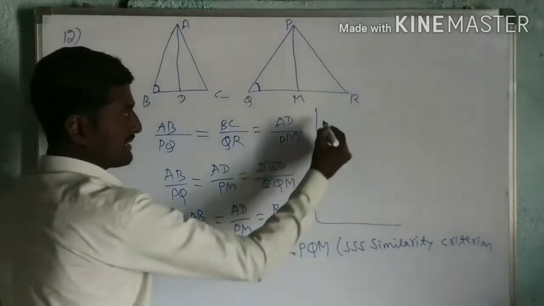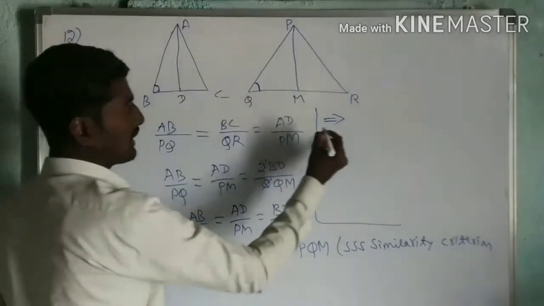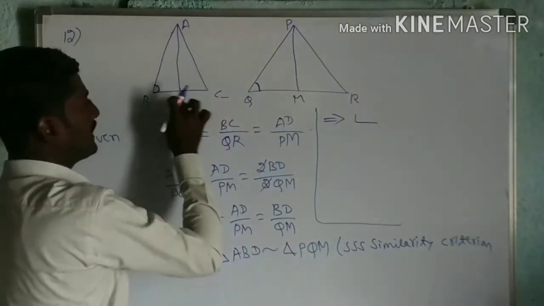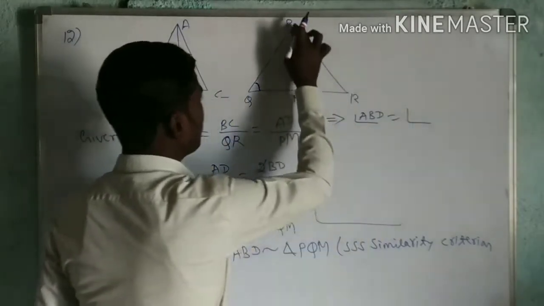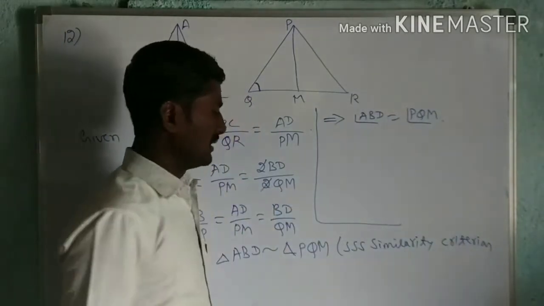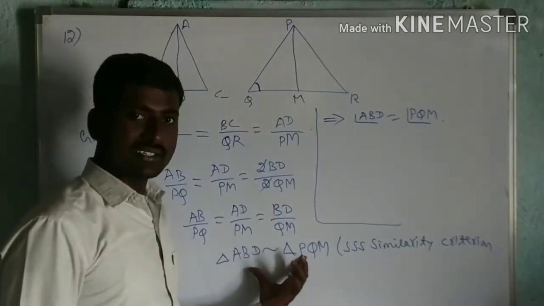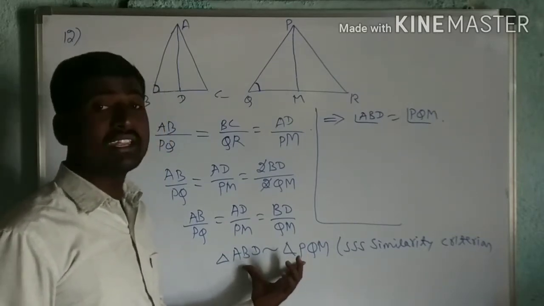Now, if these two triangles are similar, then can I write angle B is equal to angle Q? It means angle ABD is equal to angle PQM, because these two triangles are similar, and the corresponding angles of similar triangles are equal.